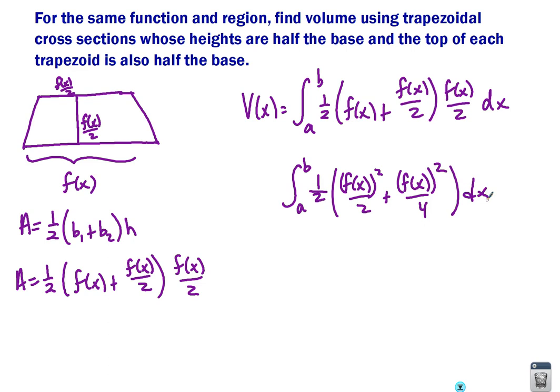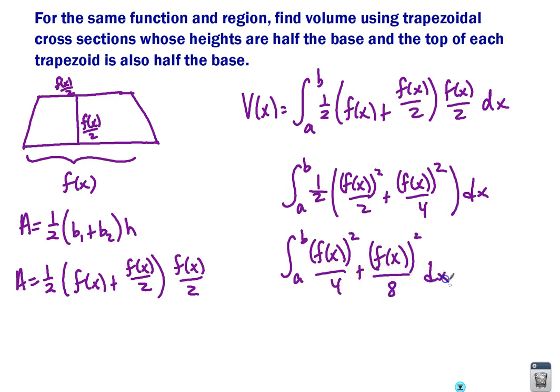Everybody see where I'm going with that so far? And then I could distribute the 1/2, so I'd have a 1/4 and a 1/8 right here, or I could take out the 1/2. You could do this either way. I'll go ahead and distribute it, but then I'm probably going to take it back out. f of x squared over 4 plus f of x squared over 8 dx. Okay, so this is what I've got so far.